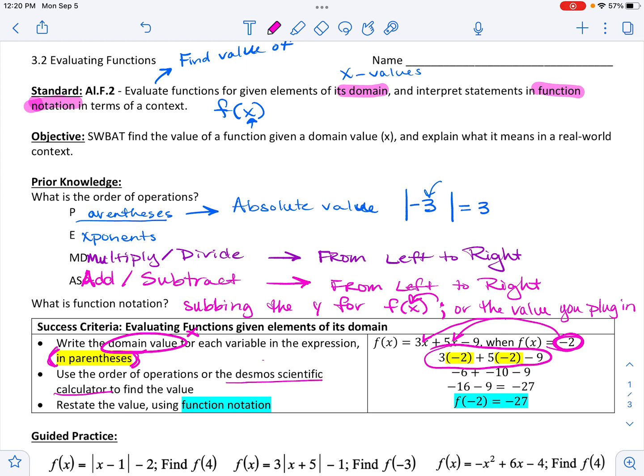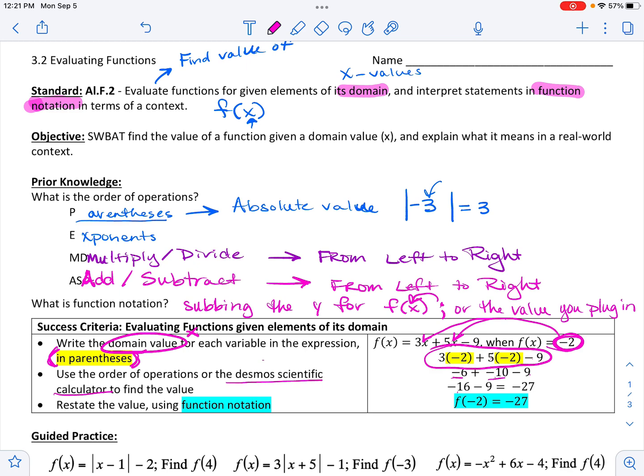3 times -2 is -6. 5 times -2 is -10. We always go from left to right as we multiply. And we bring down the -9. Then we go from left to right, which means we have -6 plus -10, which is -16, minus 9 is -25.